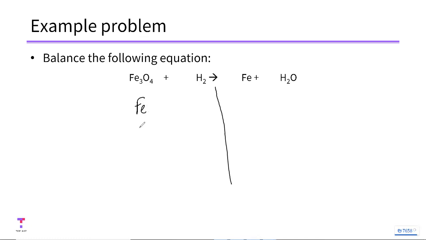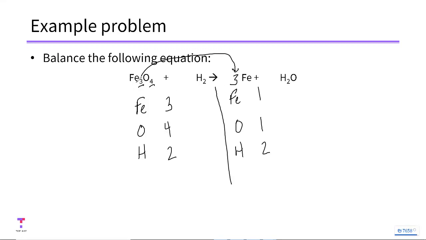As far as balancing goes, I've got iron, oxygen, and hydrogen in my compound. Starting off my inventory: 3 iron, 4 oxygen, 2 hydrogen on the reactant side, and 1 iron, 1 oxygen, 2 hydrogen on the product side. In this particular instance, we don't really have a most complicated element, so we can't use that as our starter, but we can use the subscripts here as starters.